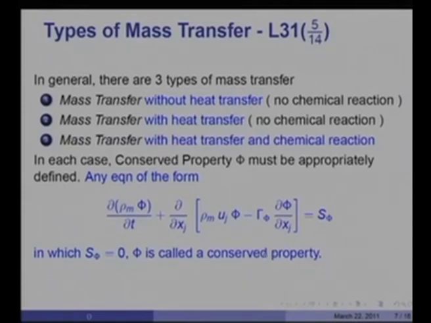In short, a conserved property is one whose transport equation has no source term. It simply has a rate of change term, it has a convective term and a diffusion term. So, these are the only three terms that would be present in a conserved property equation. The task is to define appropriate conserved properties for each of the three types.